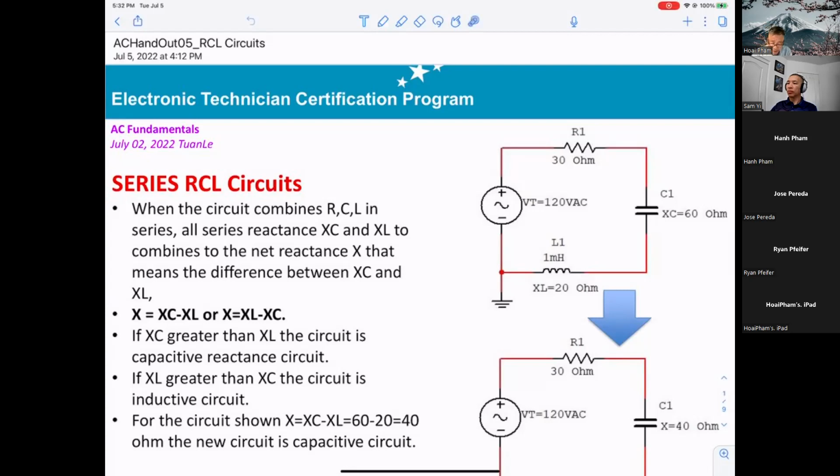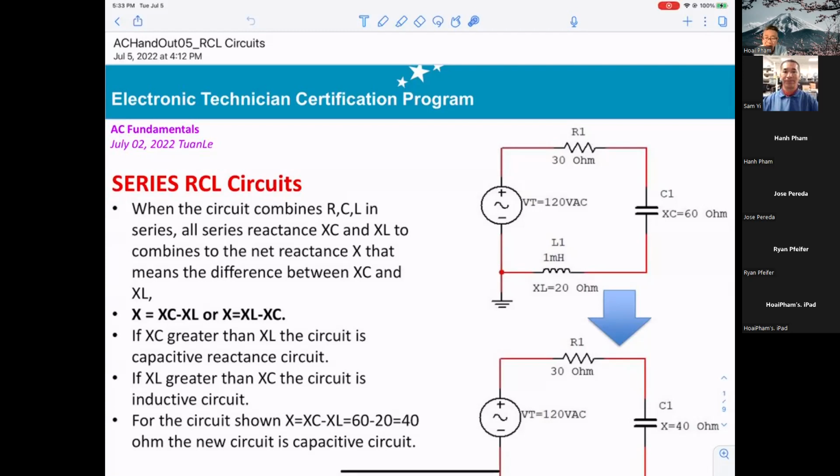As you can see, this is the series circuit: R1 30 ohms, C1 XC 60 ohms, L1 XL 20 ohms. When the circuit combines R, C, and L in series, you combine the reactances XC and XL into a net reactance, which means the difference between XC and XL.